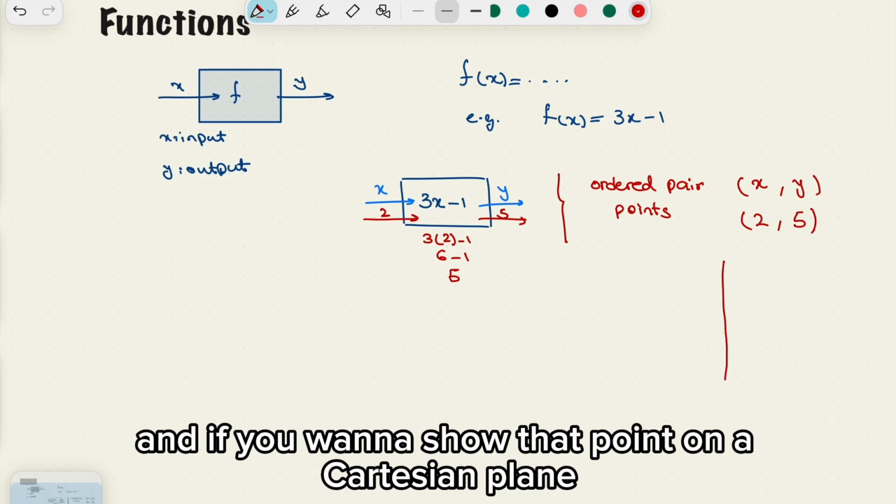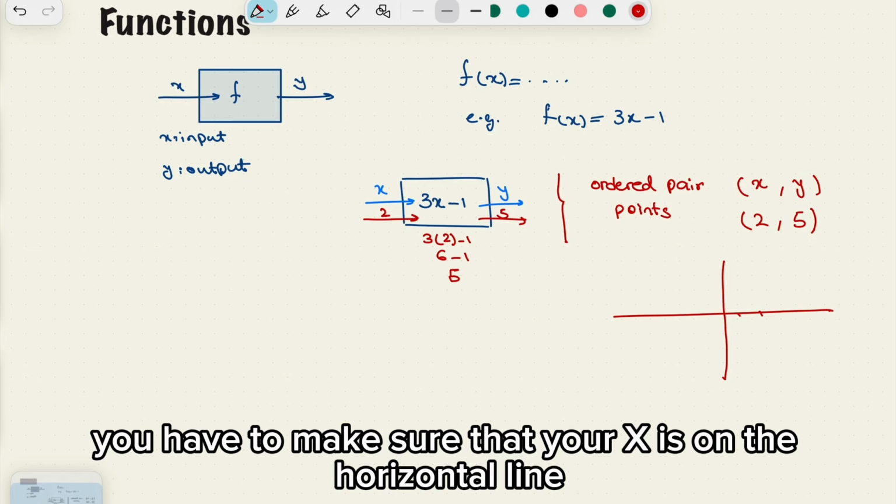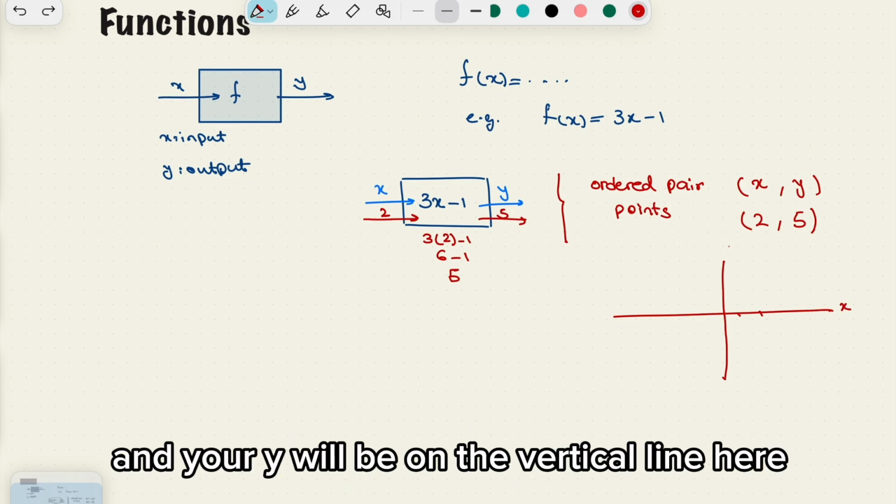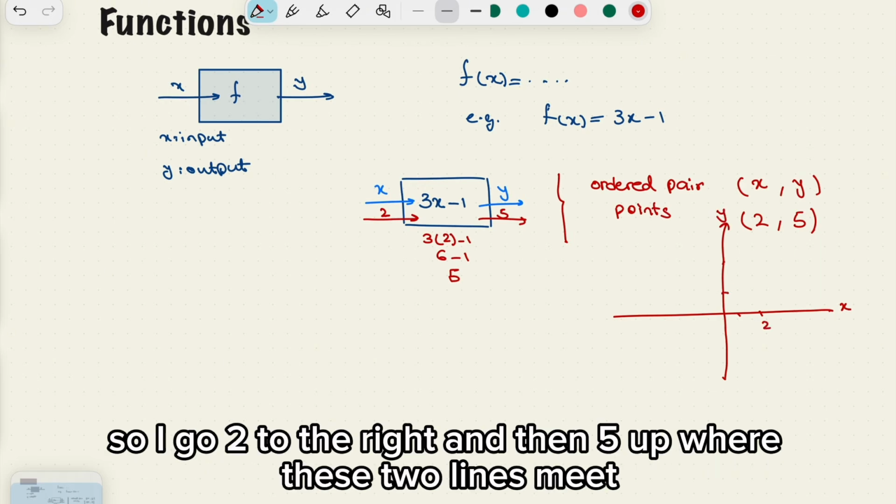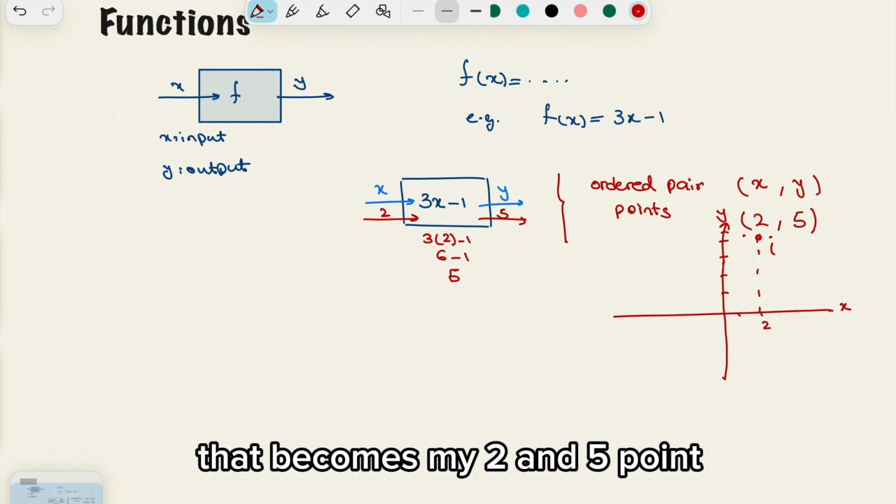And if you want to show that point on a Cartesian plane, you have to make sure that your x is on the horizontal line and your y is on the vertical line. So I go 2 to the right and then 5 up. Where these two lines meet, that becomes my (2, 5) point.